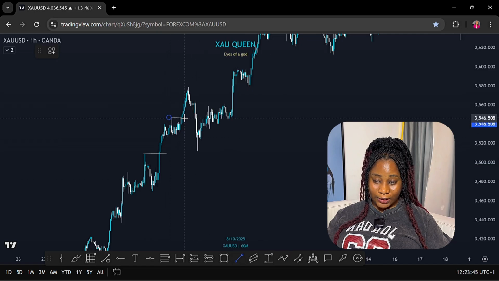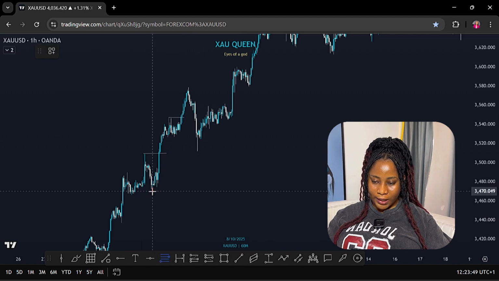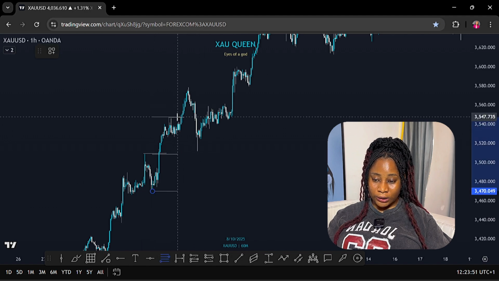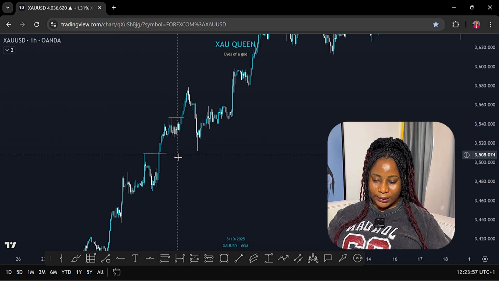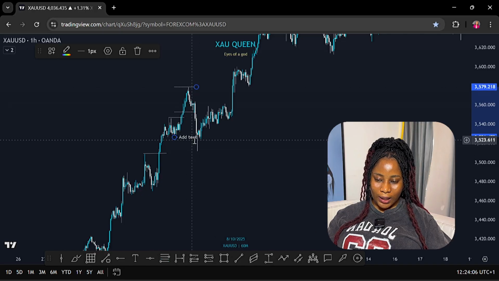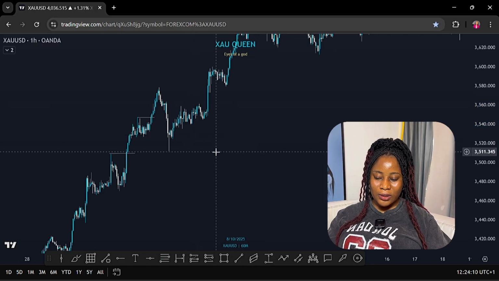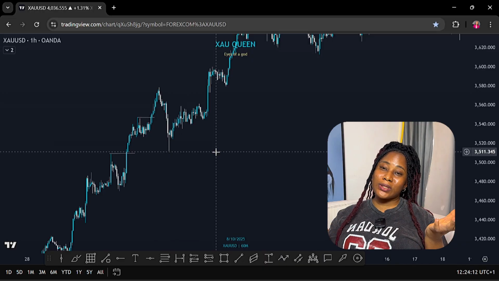This is 1 hour, because now you'll be saying, okay, if you put your fib from here to this place, according to you, your break of structure, you see, price did not pull back in. But then, now that you are in this break of structure, you did here to here. Price took you out.